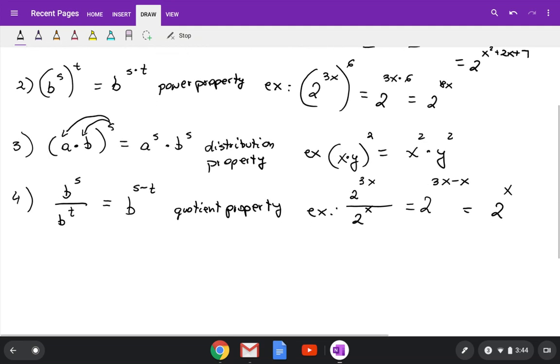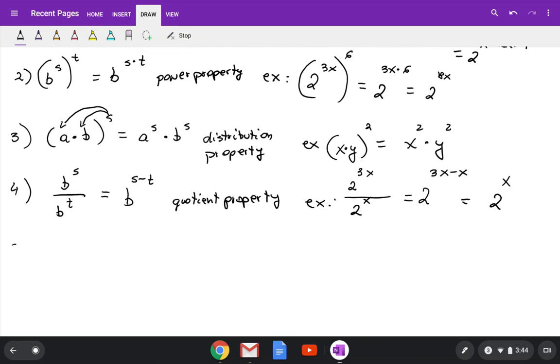Another important rule, rule 5: 1 brought to any exponent is always equal to 1. Rule 6, zero exponent.